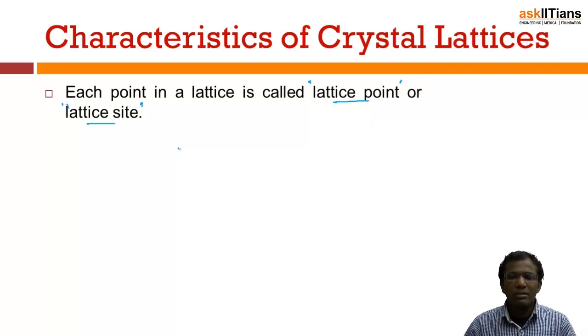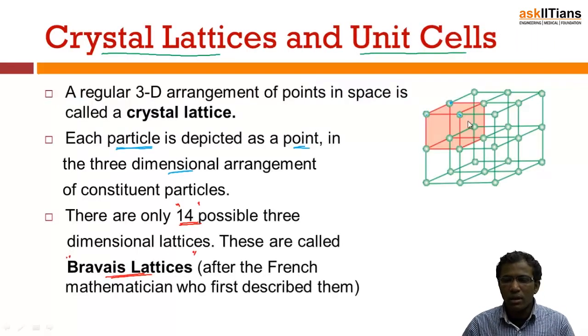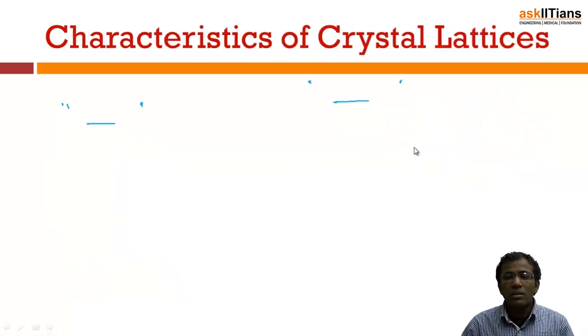In many books they use the terms lattice site and lattice point. In this figure, which is a crystal lattice, each point is known as a lattice point or a lattice site.